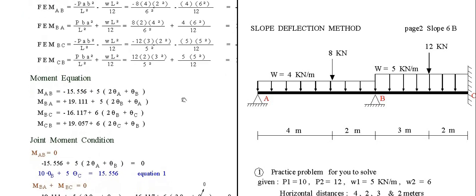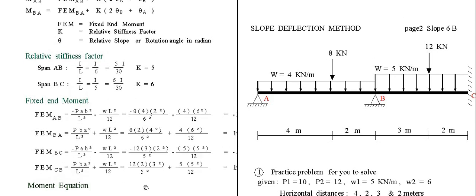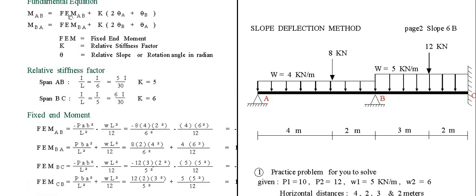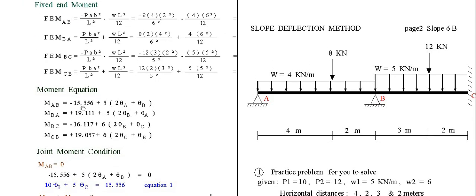Then we go to the moment equation. This formula is the basic. We have the fixed end moment first, then K times theta.